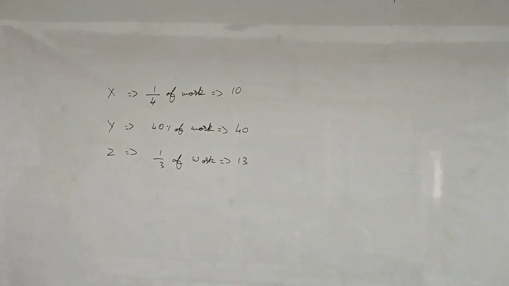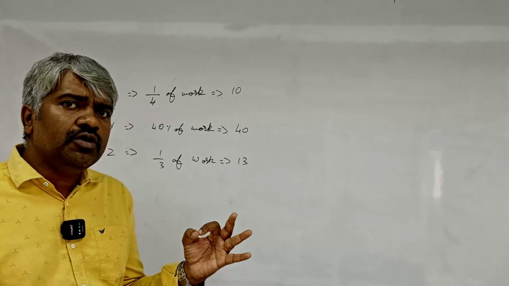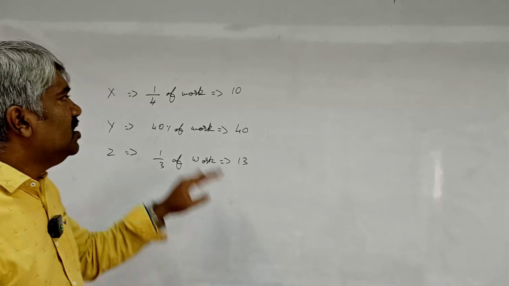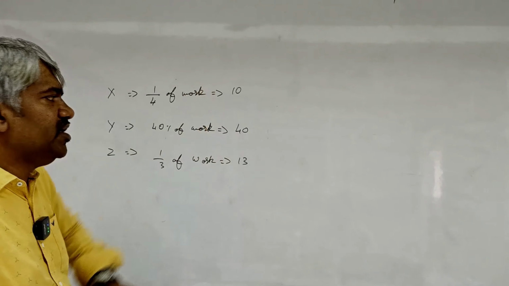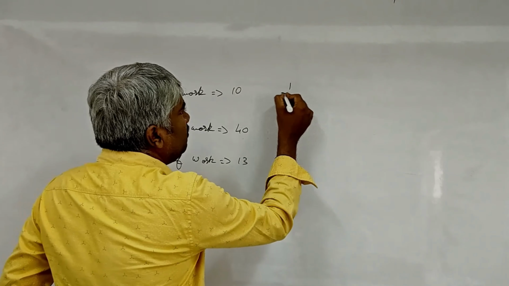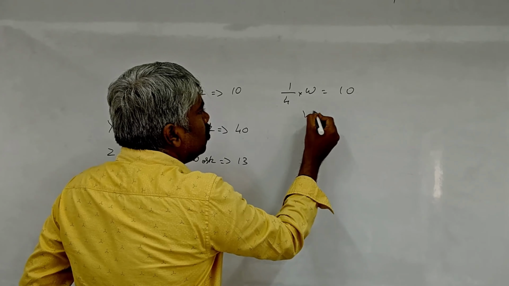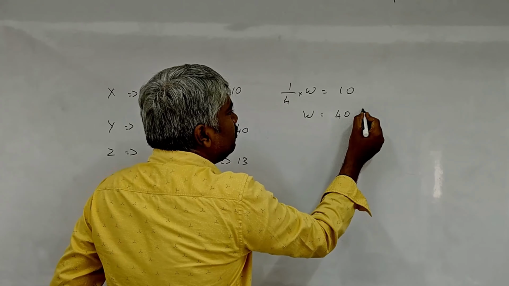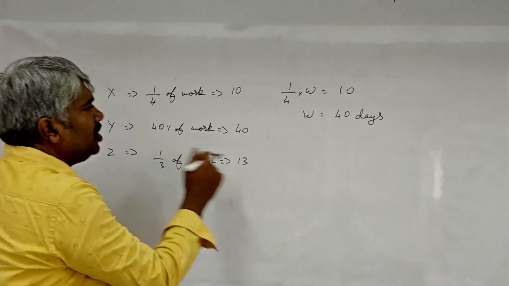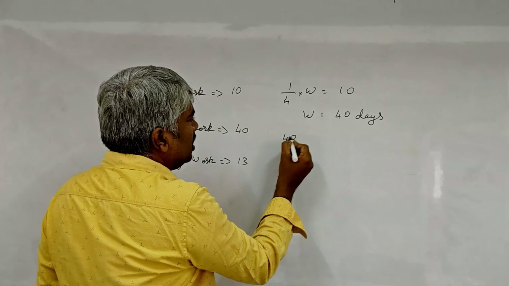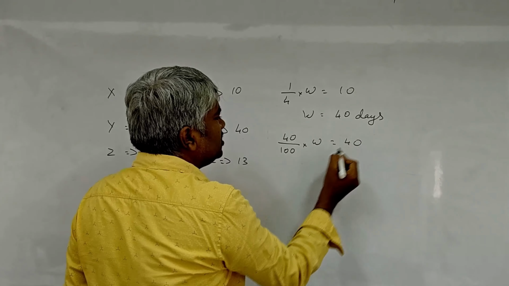Now, since all the three people X, Y, Z are going to do the same work, but the percentage or the ratio of the work done by them is varying over here. Now, 1 by 4th of the work equals 10 days. So, what is the total work which requires 40 days to complete? Now, when you come to the second case, he is completing 40 percent of the work in 40 days.